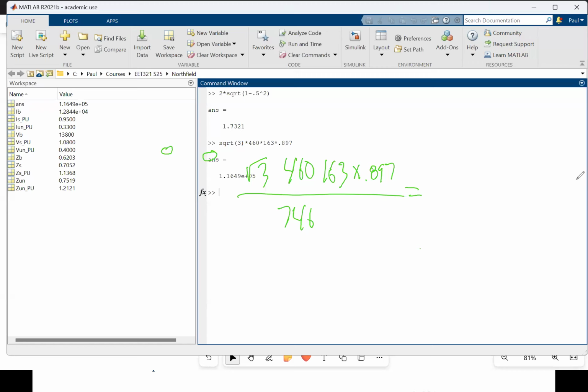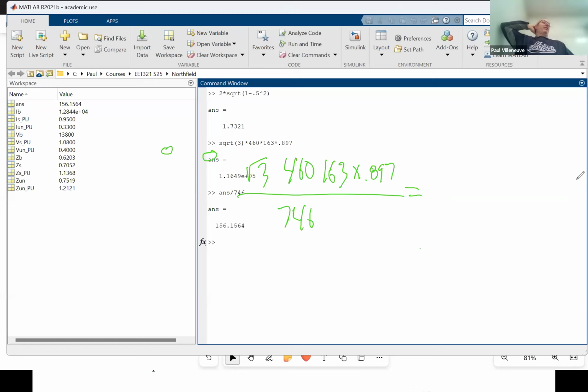I did the square root of 3 times 460, oh, I forgot to divide by 746. Yeah, so 156. So I said 150 horsepower, but this is actually 156. I screwed up, didn't I?